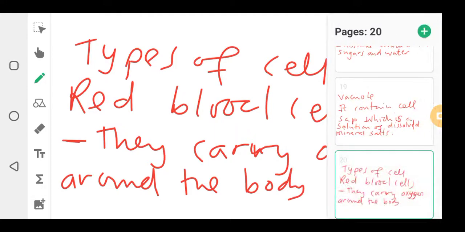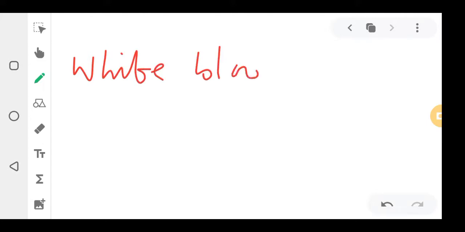And then we've got the white blood cells. The second type is the white blood cells. What do they do? They fight diseases.